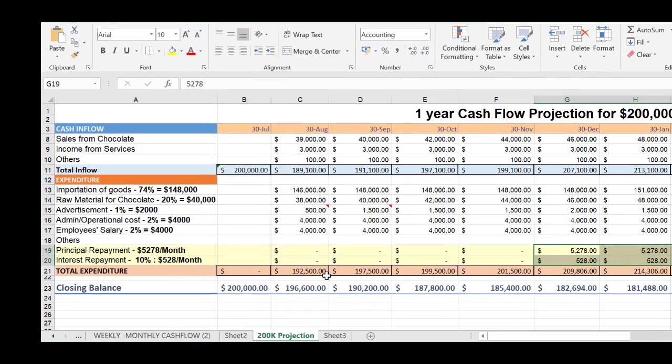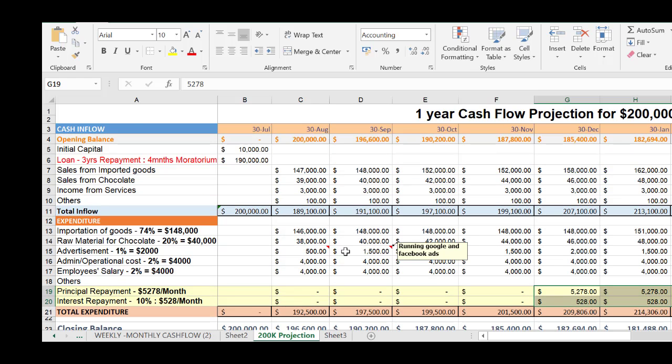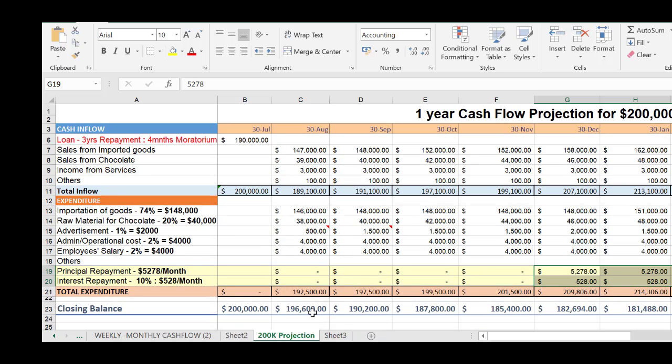Okay, so if you look at this projection, look at my closing balance here and look at subsequent closing balances. My closing balance here on the 30th August is poor. Same thing here, 30th September is poor because of fluctuations and I couldn't sell all my goods. You understand?